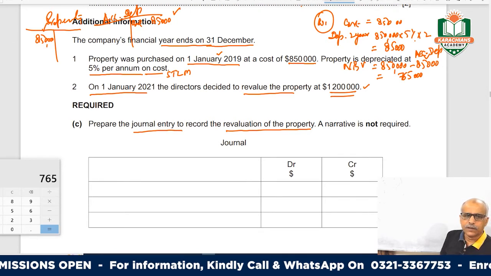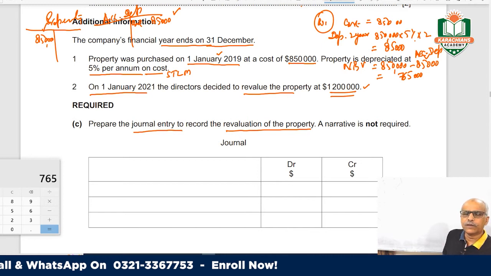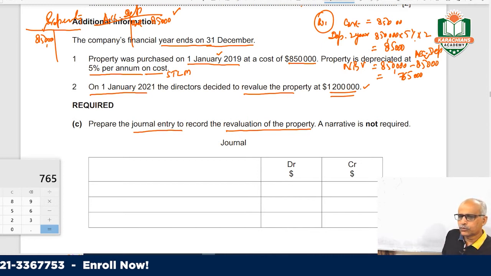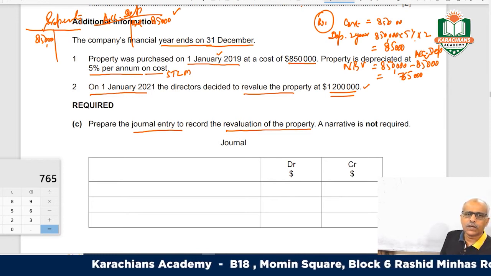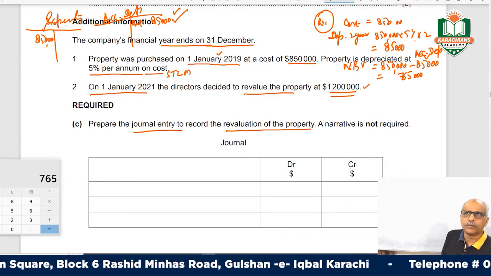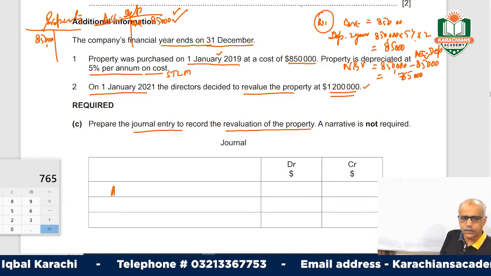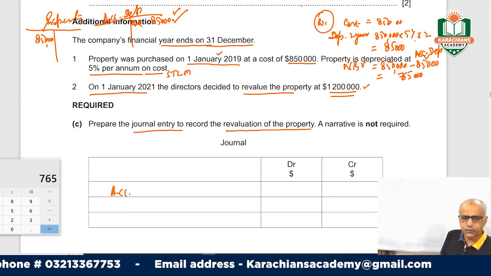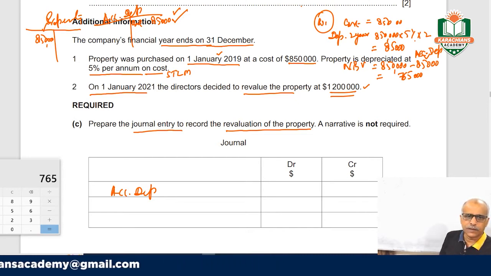After 2 years, when 1st January came, they wanted to revalue the asset to 1,200,000. Remember, whenever you are going for a revaluation, first of all, reverse the depreciation which is on the credit side.